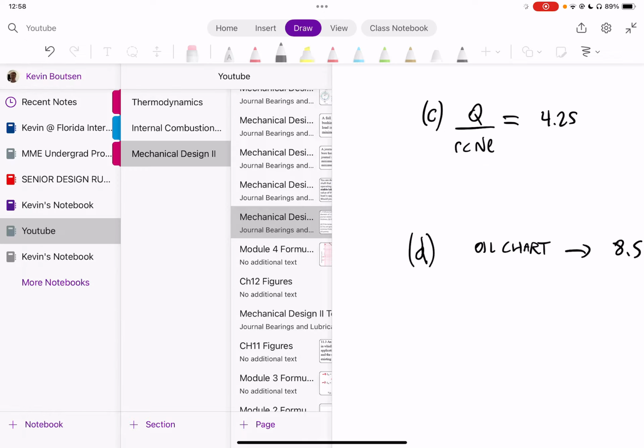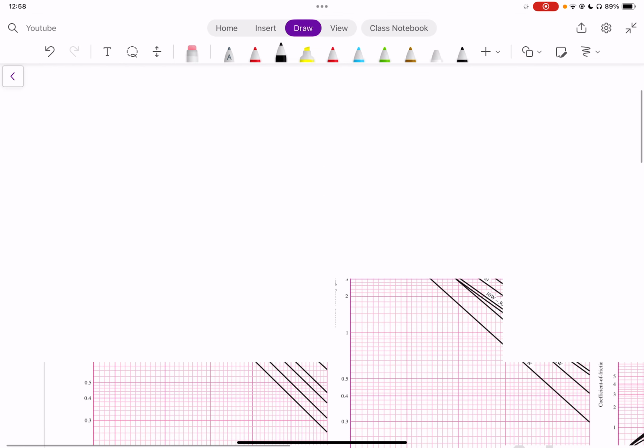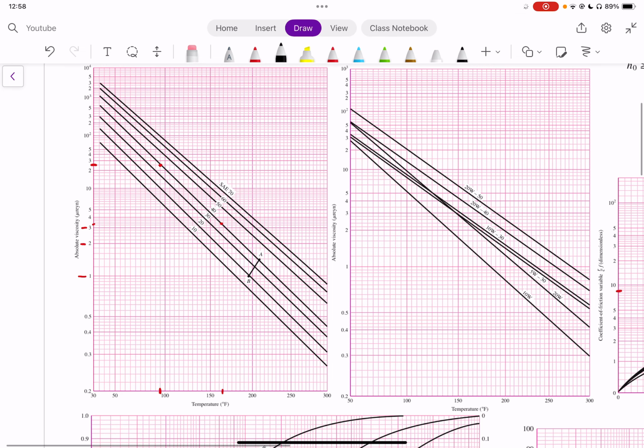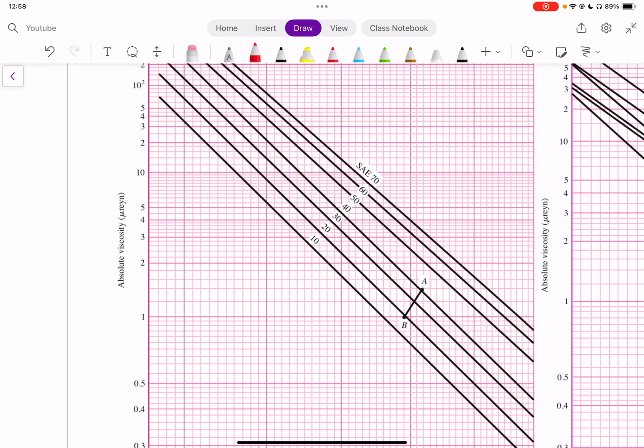Okay, so if we go to our oil chart, which is on the top left, let me erase the annotations that we already have. So we can write that we have 100 degrees Fahrenheit, and we know that we have 8.5 microrain. I'm going to zoom in a little bit here so that we can really find 8.5.